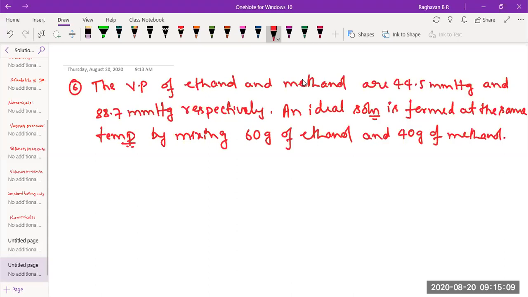Calculate the mole fraction of methanol in vapor phase.